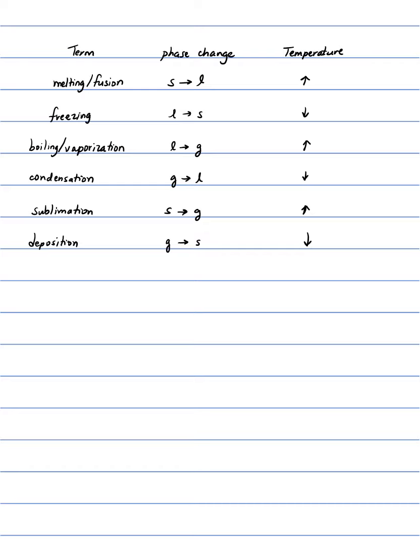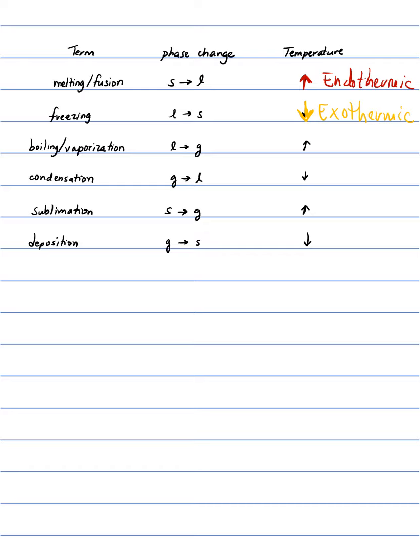In this table, whenever the temperature is represented with an arrow pointing up, that represents an endothermic process. Arrow pointing down, that represents exothermic. The amount of heat is being released in exothermic, the amount of heat is being absorbed for endothermic.